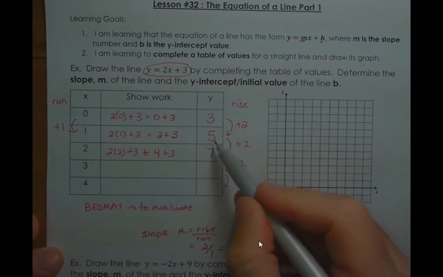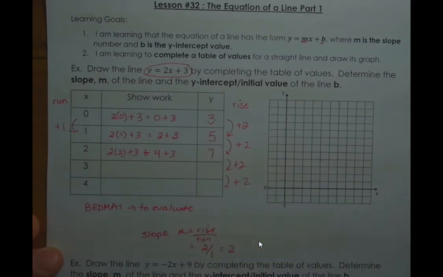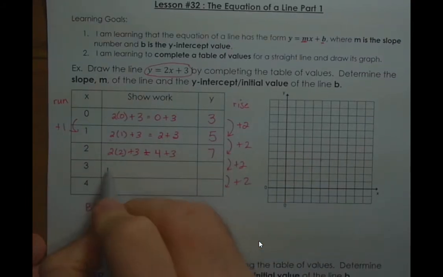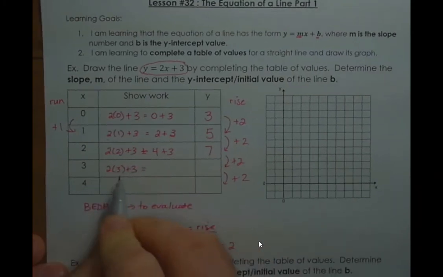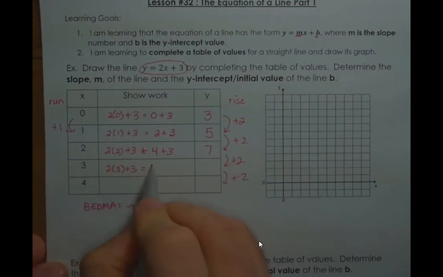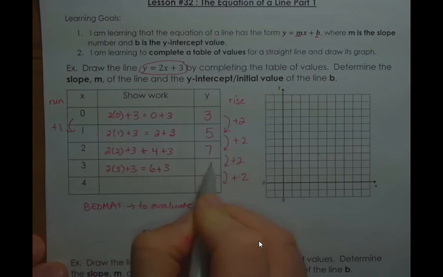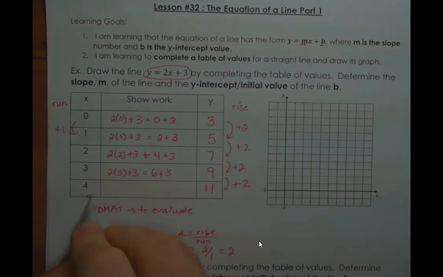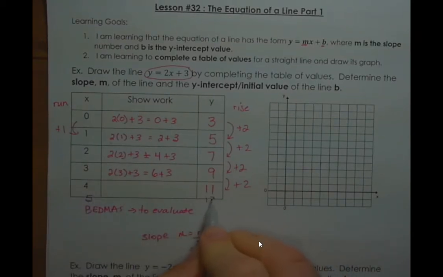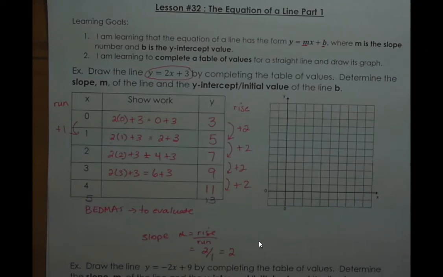That's good, when I added 2, I got to 7. Substitute that in there. 6 plus 3, that gets me 9. I can keep going with that. I can find more points. I can predict what the next point will be. If I was at 5, I should be at 13 because I'm adding 2 each time.